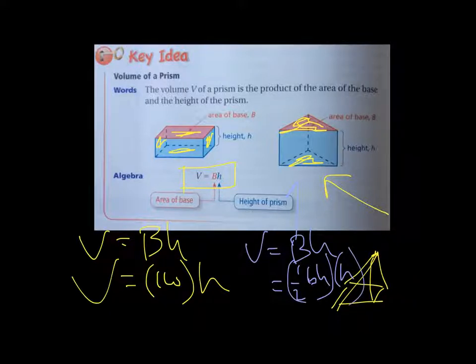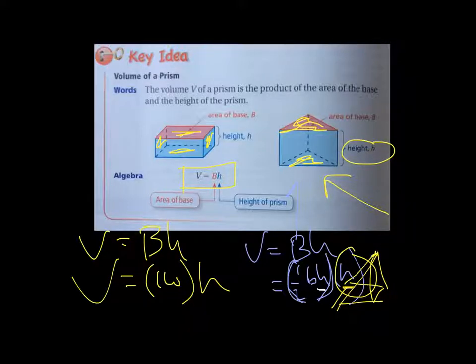So it's important to remember this height in here is different than this height on the outside, right? Because the height within the triangle formula is referring to the height of the triangle, the actual base shape. And this height out here is referring to the height of the prism, the distance between the two bases.